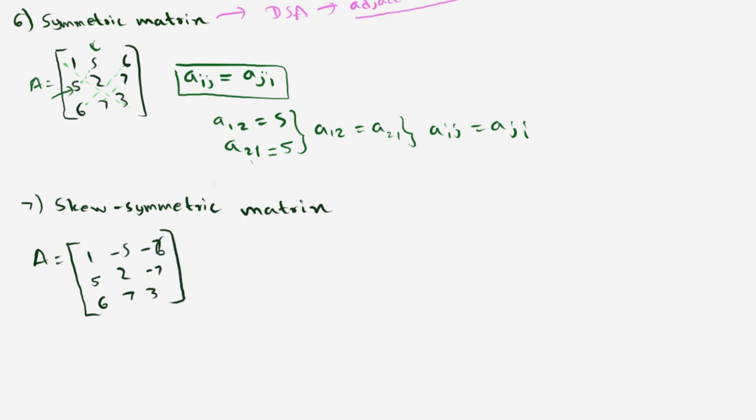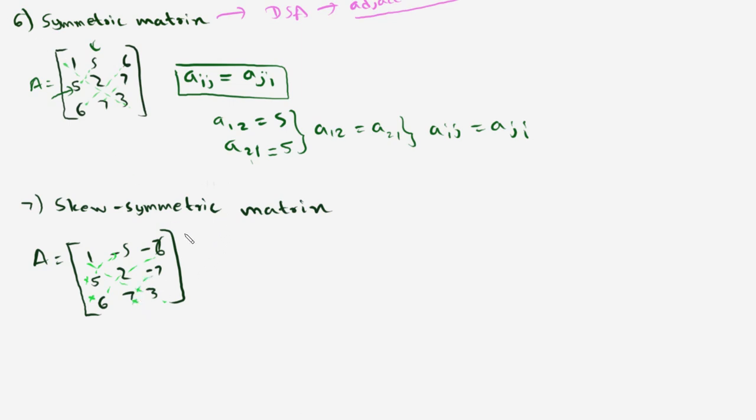Again, this is the diagonal, but this is the minus value of this value, and this is the minus value of this value, and this is the minus value of this value.